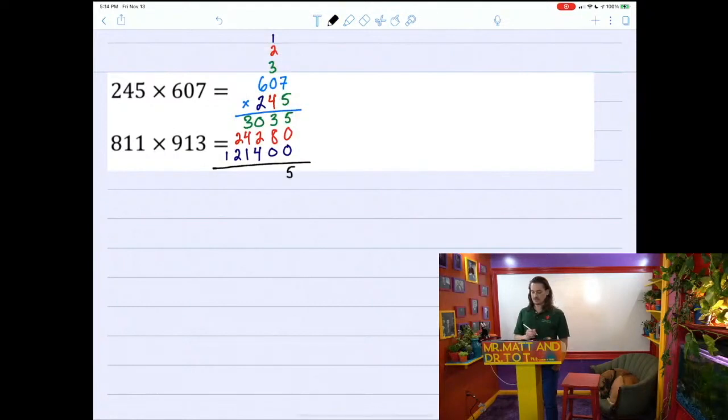Then we're going to have 3 plus 4 plus 1. 3 plus 4 is 7. 7 plus 1 is 8. Next we have 2 plus 2, which is 4. And the last value doesn't have any other number to sum into, so it's just going to carry down, and we're going to have 148,715.